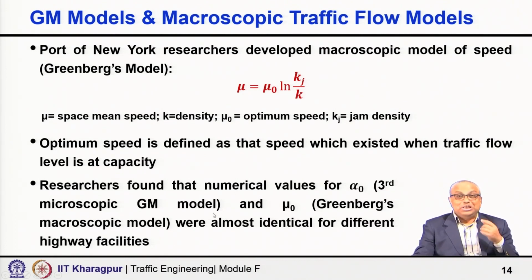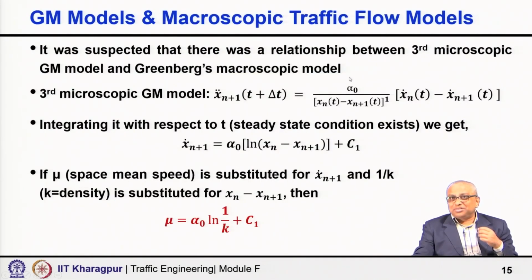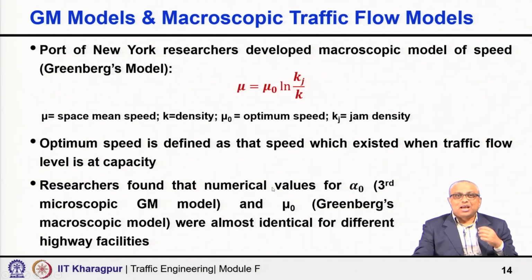Now, very interestingly, researchers found that the numerical value of alpha 0 in the third generation model, you know this term alpha 0, and the value of mu 0 here in Greenberg's model, were almost identical for different highway facilities.